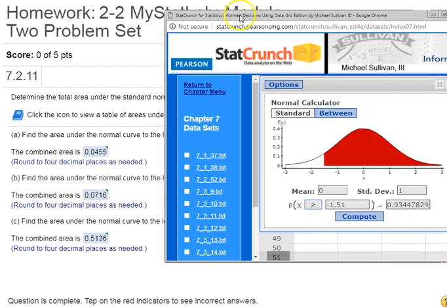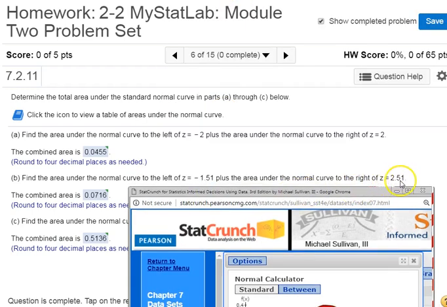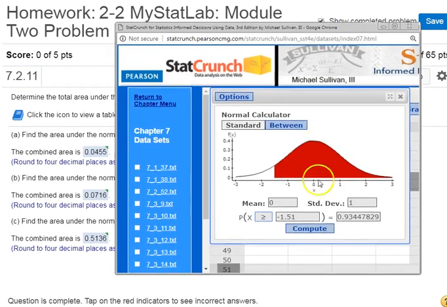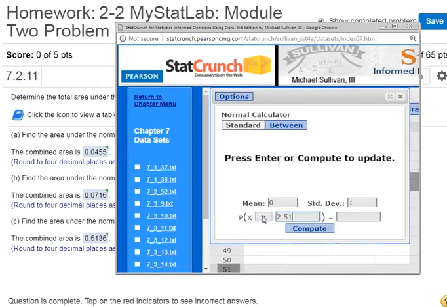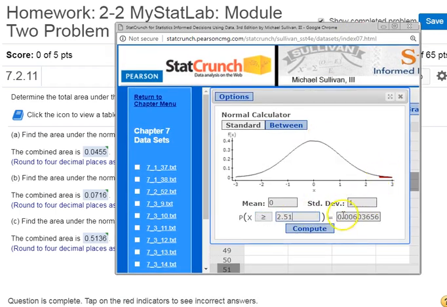And then we're going to look at to the right of a z-value of 2.51. And so then you would jot down the probability associated with this area, and add those two together to get the combined probability of being in either one of those two regions.